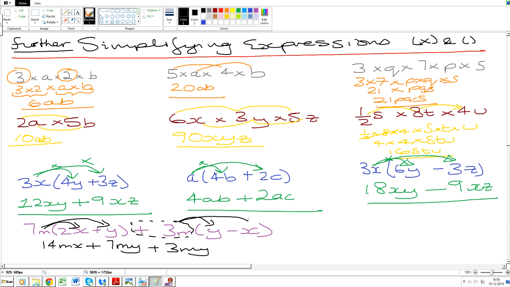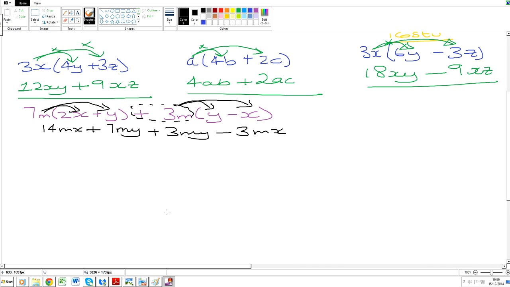We've got plus 3m times minus x, which will give us minus 3mx. So what we have to do now is simplify like terms. We have mx here. I did ask for yellow, but we have 14mx and we have minus 3mx. 14mx minus 3mx will give us 11mx.